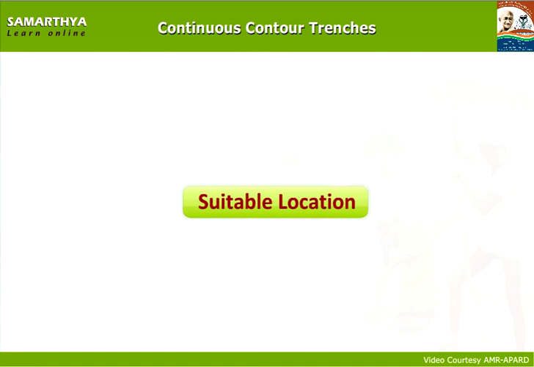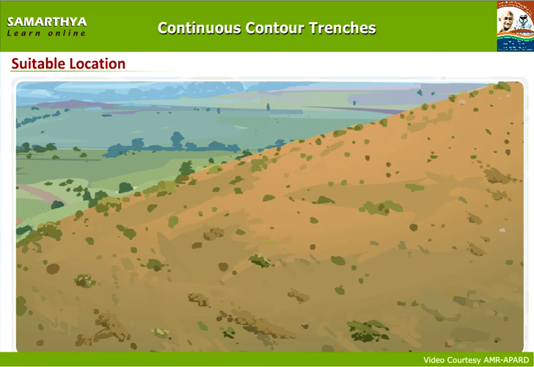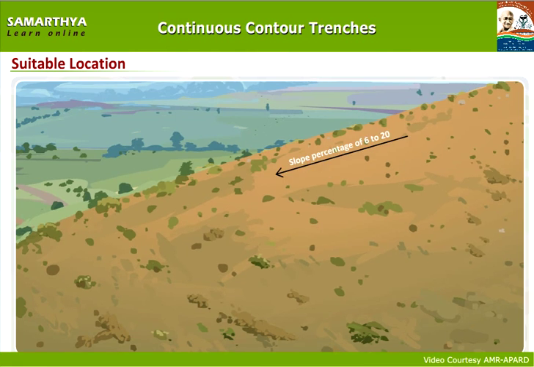Suitable location for constructing continuous contour trenches. Now let us see where continuous contour trenches are constructed. Continuous contour trenches are constructed on barren hills with slopes of 6 to 20% and across the slope.